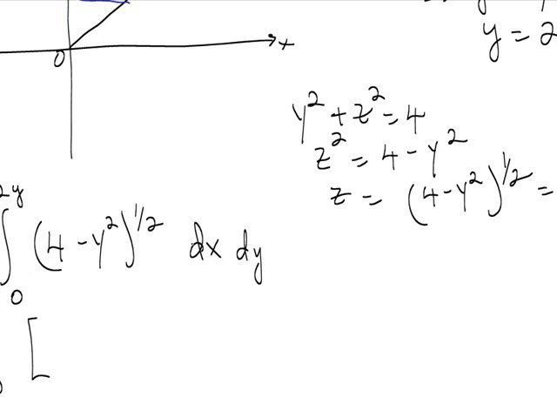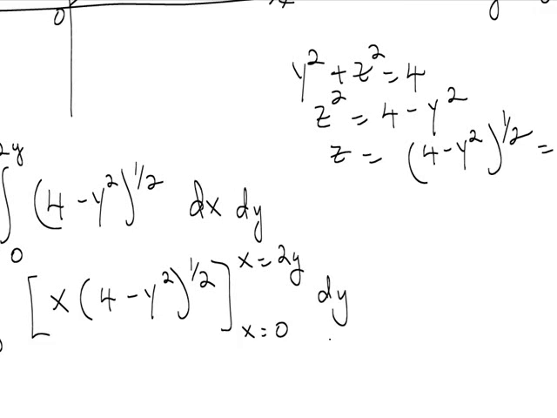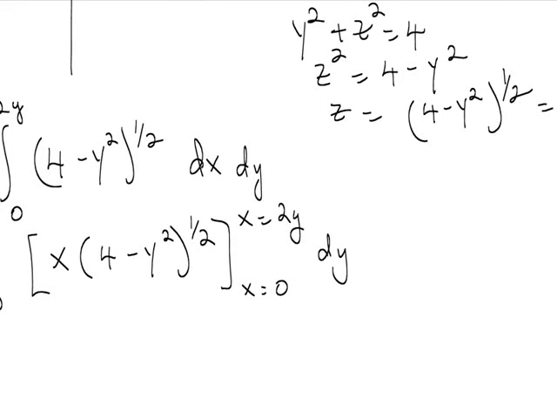Integrate with respect to x, so that's like a constant. So that's x times 4 minus y squared to the half, and x goes from 0 to x equals 2y, dy. Substitute, and from 0 to 2 we have 2y times 4 minus y squared to the half dy.